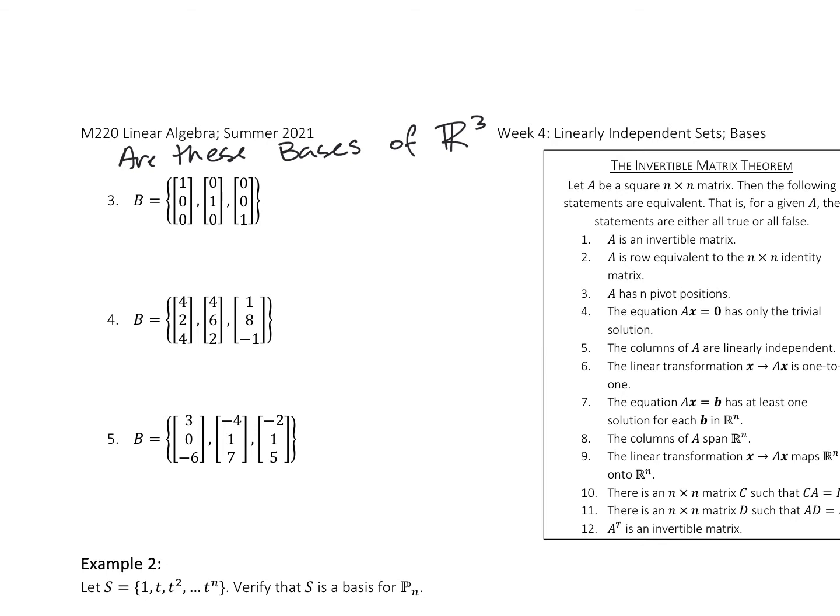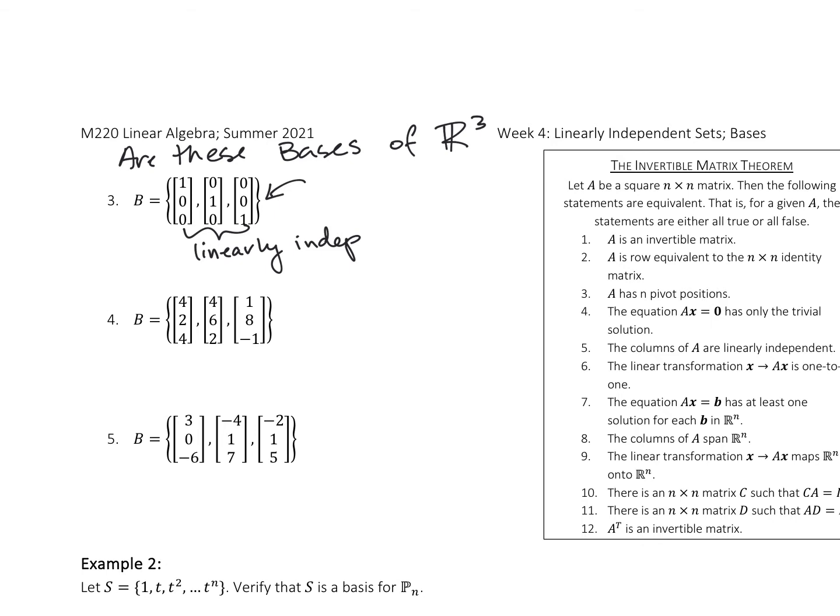So if we take a look at this set here, so this is the set of (1, 0, 0), (0, 1, 0), (0, 0, 1). Hopefully you can see just by looking at that these things are all linearly independent, right? Essentially, that is a matrix made up of the identity matrix.